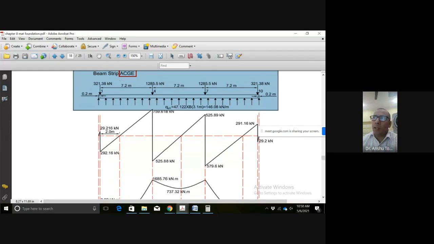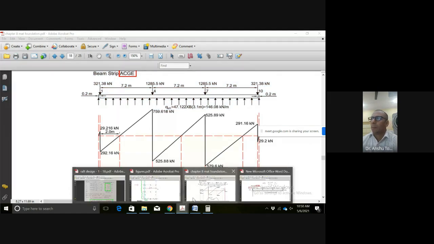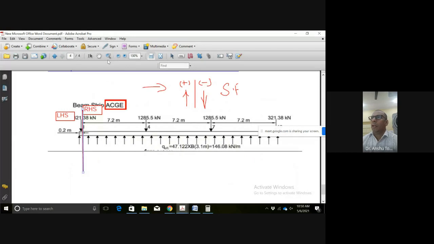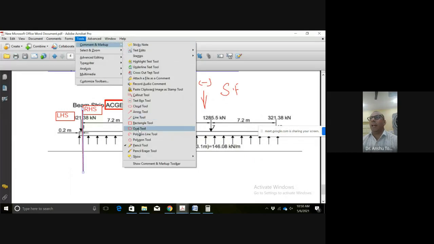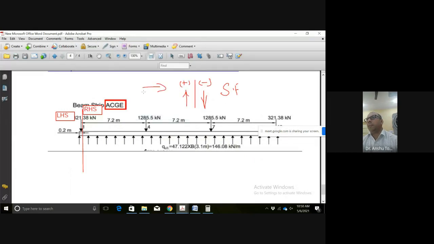Now according to the UDL in between, again if you take the left hand side, just the left hand side of this particular point load here, can you tell me the answer? What is going to be the variation? You have to just remember the sign convention of the shear force.